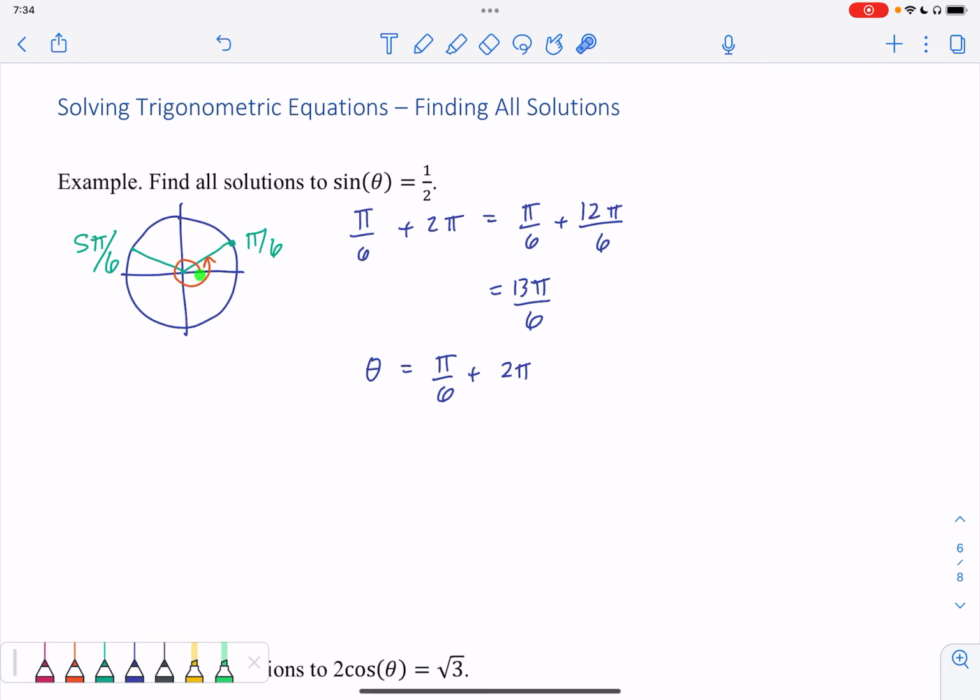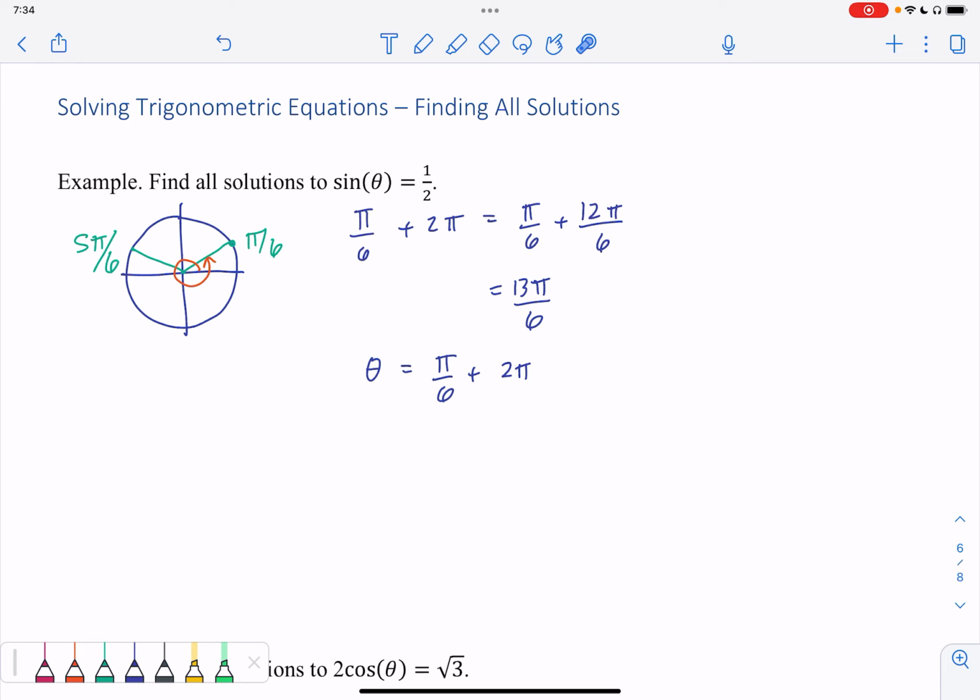And what's to stop us from going backwards around and then hitting it? So there's lots of coterminal angles, and we just need to know what that jump is. The pi over 6 is our start, and our jump is 2 pi. And I can go as many 2 pi's as I need to in either direction.